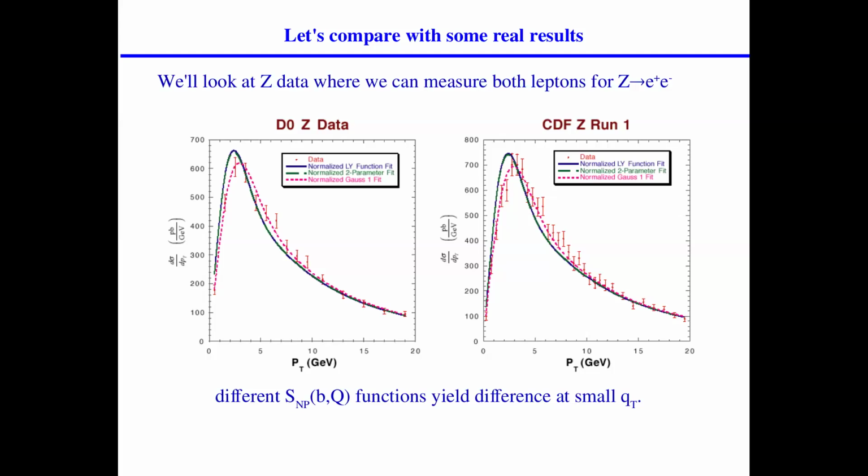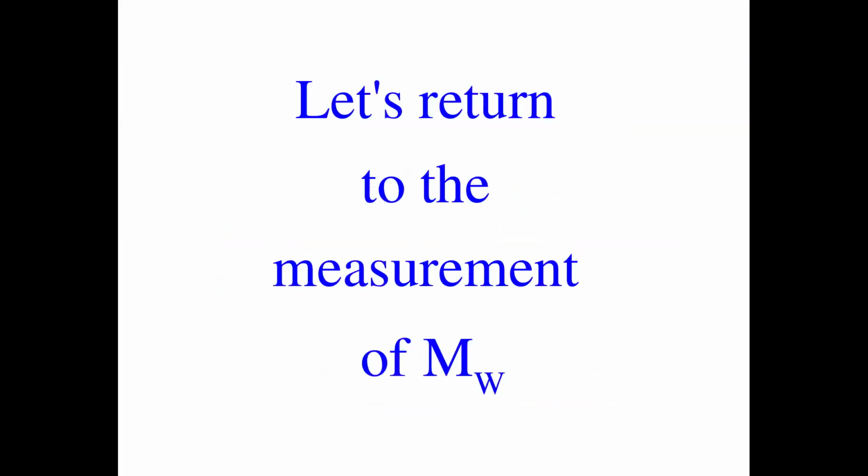And so you saw this one before. This is the D0 data, the CDF data. And again, this is using the LY function fit for the non-perturbative part, and putting that together, you get a good representation for those.